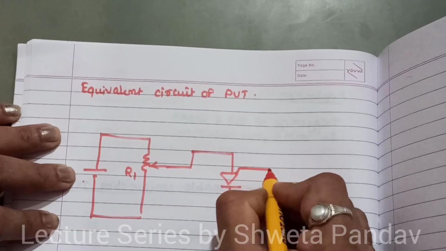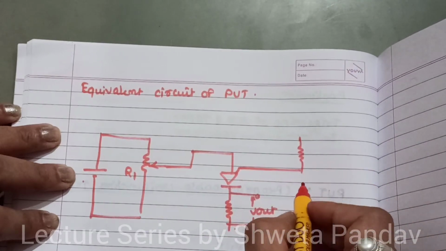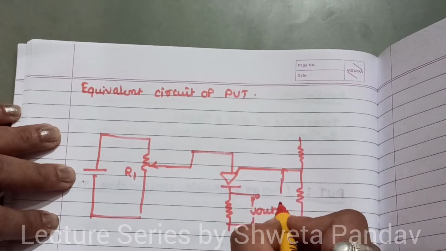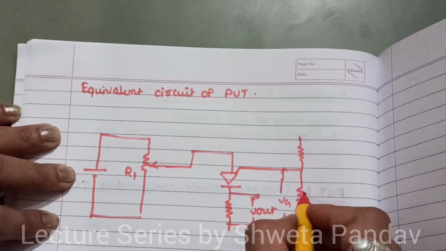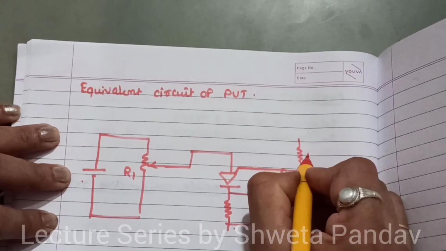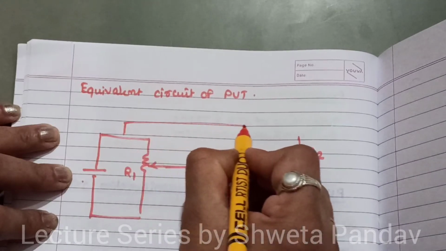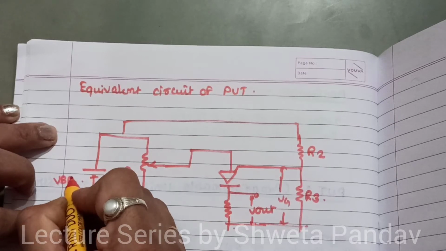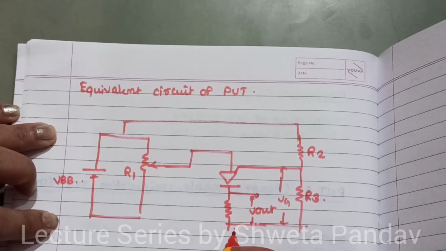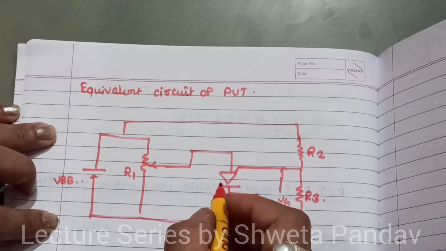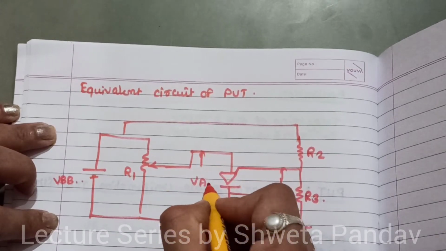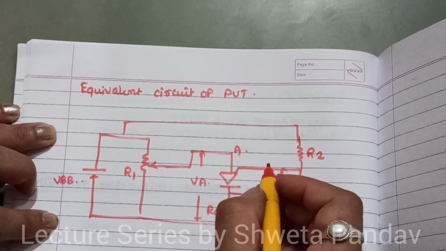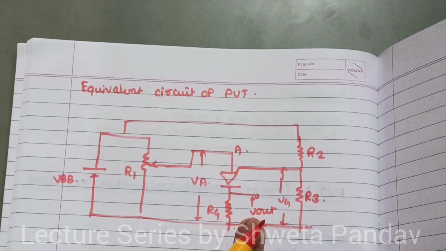Then gate of this is connected to the two resistances, R2 and R3. This is gate of PUT. Vg is the voltage across the gate, R3 is the resistance, R2 is the resistance. This R2 resistance is connected to this voltage and potentiometer R1. And this is the anode voltage VA. This is R4 resistance, this point A. Across R4 we are taking the output.